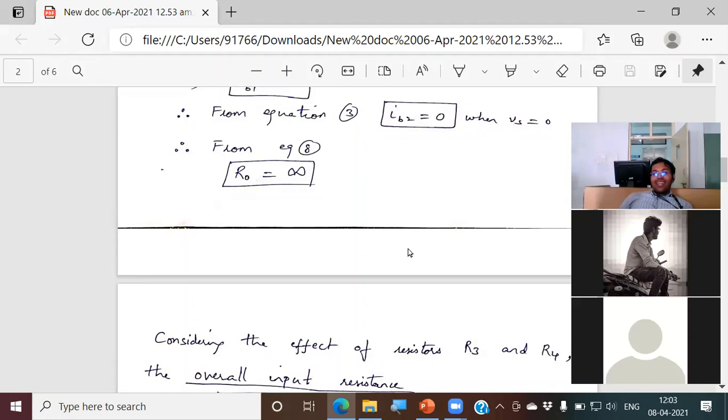The voltage is not affected, but the overall resistance is affected. Take 10 kilo ohm in parallel with 10 kilo ohm. If I connect a constant voltage and remove one resistance, the voltage is still available to the other resistor, but the equivalent resistance has changed.